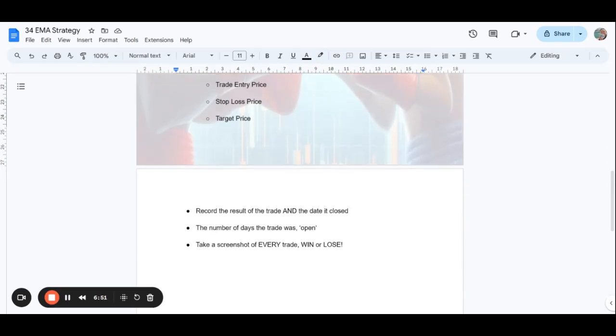We also want to be recording the result of every trade and the date that it's closed. This is really important, to know how long a trade is actually open, because when we come down to looking at trades, there is a slight, what we term a cost for doing business.